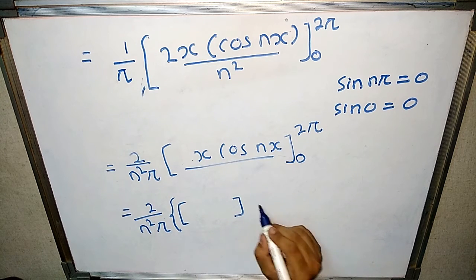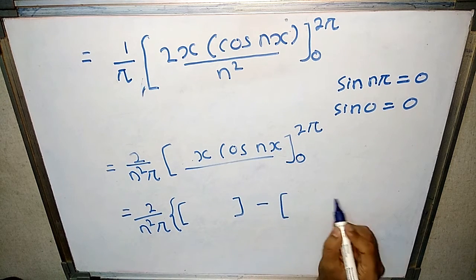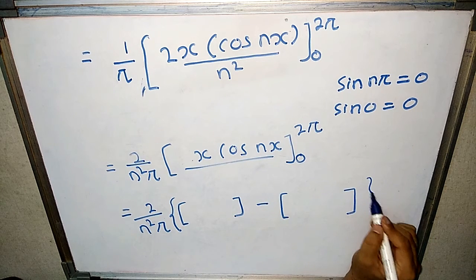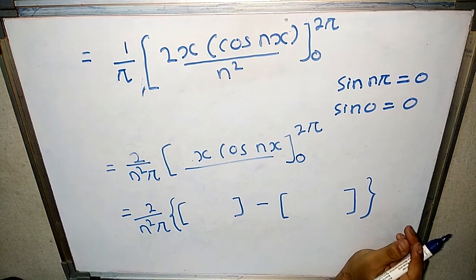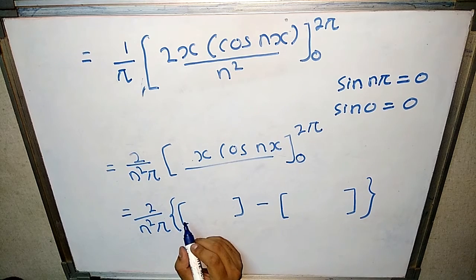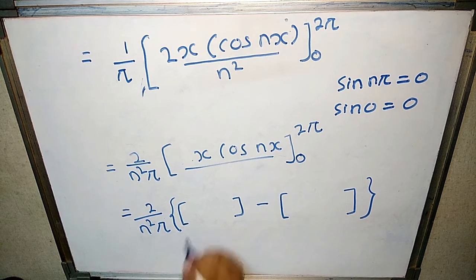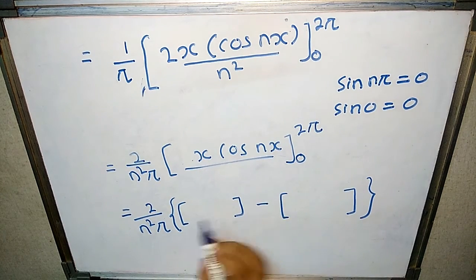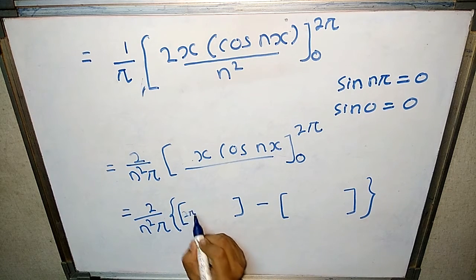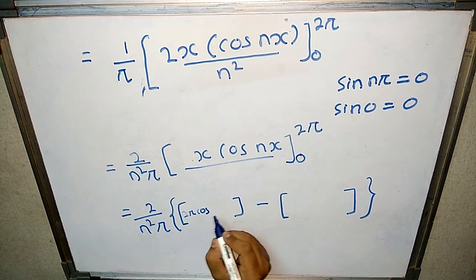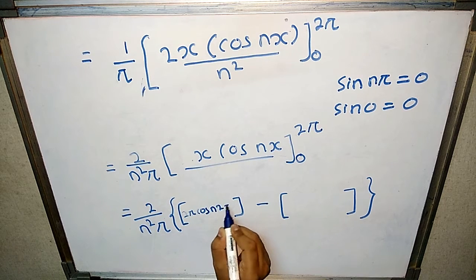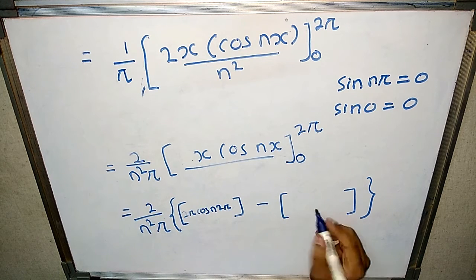This is upper limit minus lower limit. By putting limits we get 2 pi cos n 2 pi, and here we get 0.